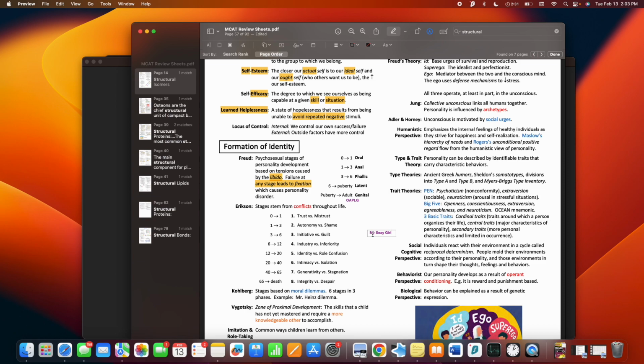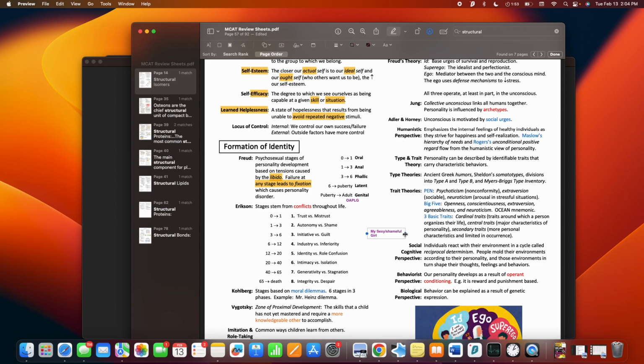My: mistrust versus trust. Yes. Sexy: shame versus autonomy. Okay, my sexy, shameful girl.